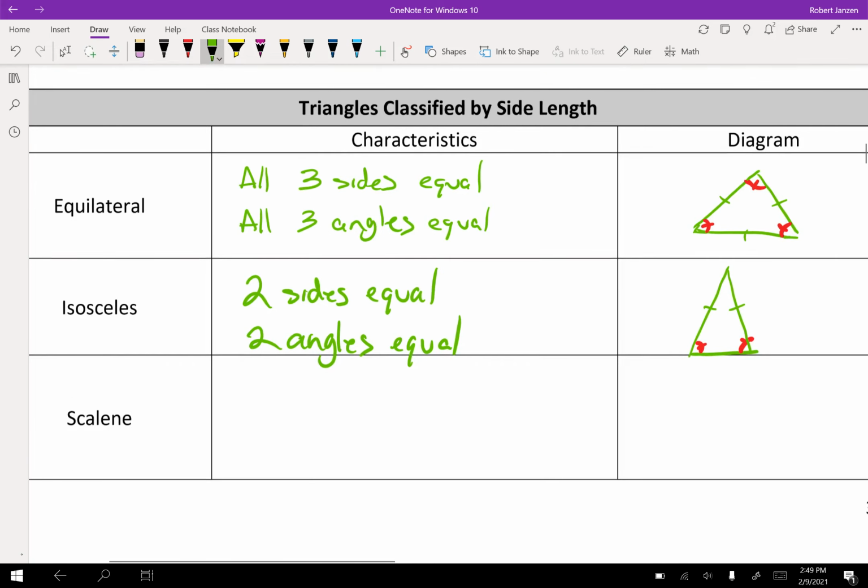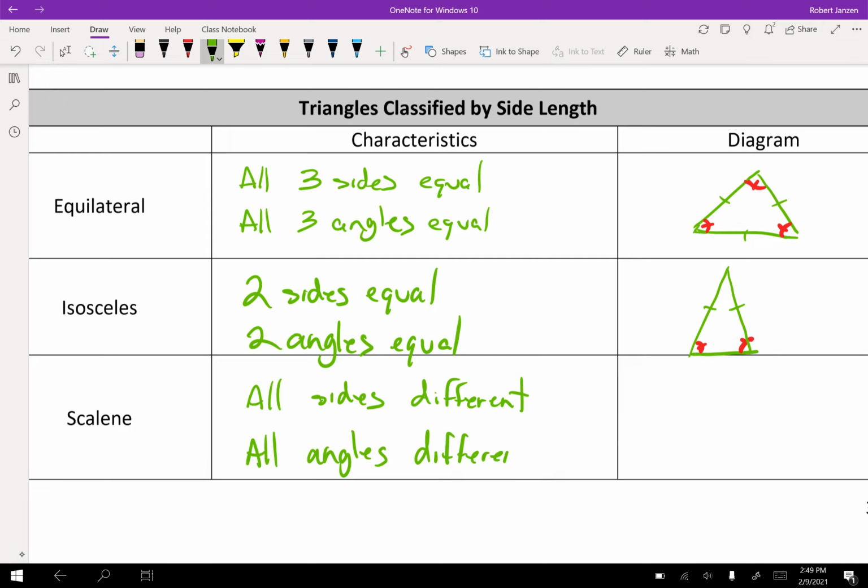And then a scalene. This one has all sides different, or you could say no sides the same, and all angles different, or not equal.